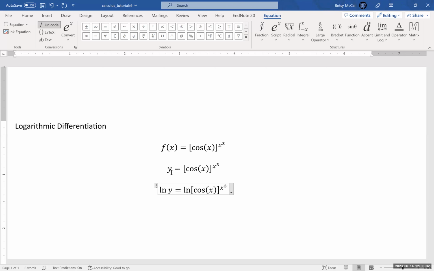Now, the thing to keep in mind, when we have logs, we can use log properties. And so before I go any further, I'm going to simplify this. The main thing that I want to do for a problem like this, where I have x to the x, is I need to bring that power, that x that's in the power, out front of the log. So this will become x cubed log of cosine x.